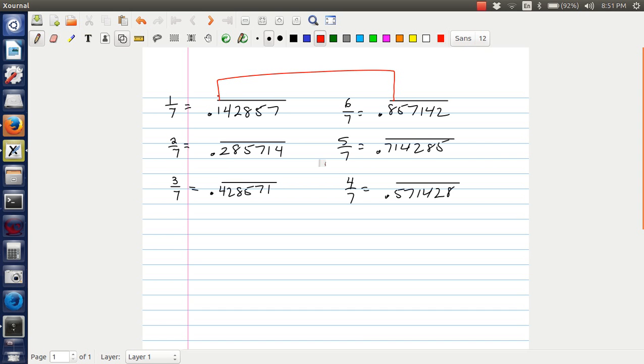So for example, this digit here, this 1 and this 8, they have to add up to 9. This 4 and this 5, they have to add up to 9, and so on and so forth. For every set of fractions where the two fractions add up to 1, the digits have to have the same length, and they have to add up to 9s. Okay, so that's kind of cool.